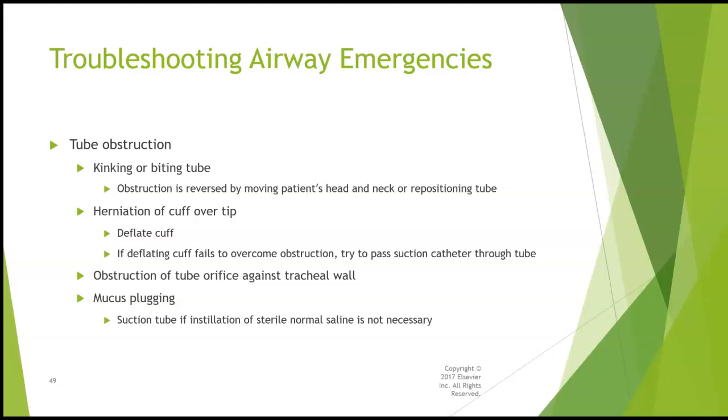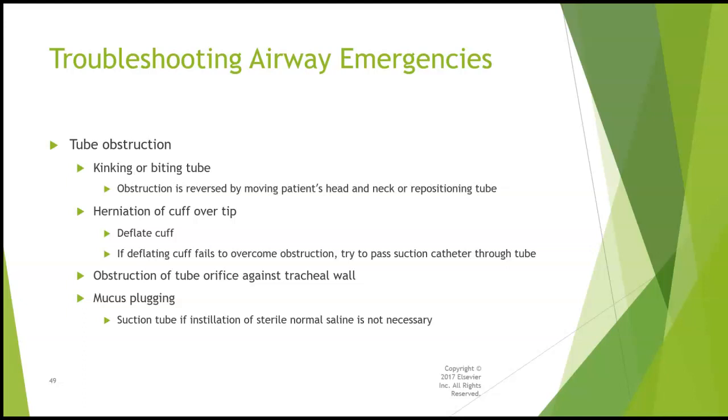If you deflate the cuff, your obstruction should resolve itself. If it doesn't, you can try to see if, with the cuff deflated, you can pass a catheter through the tube, because that should move the cuff out of the way. You can have an obstruction from the tube against the tracheal wall. And then mucus plugging, besides kinking or biting, is probably your most likely culprit, where you've got a secretion that's blocked off the airway.